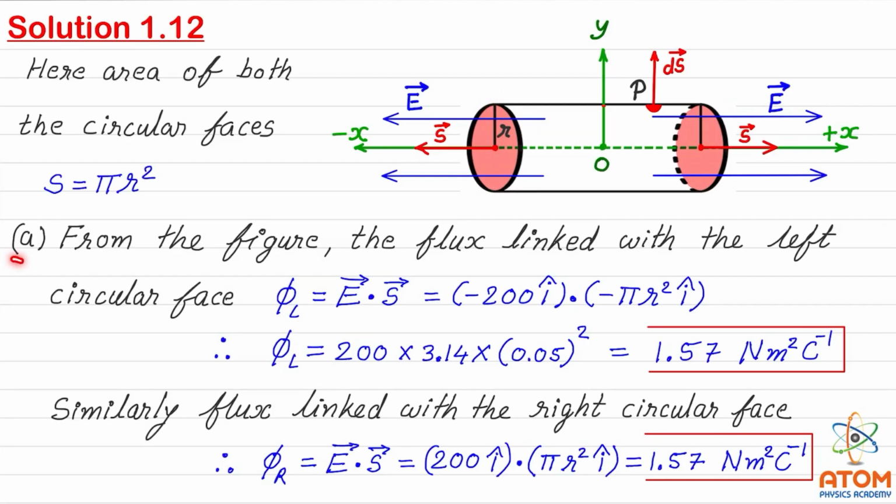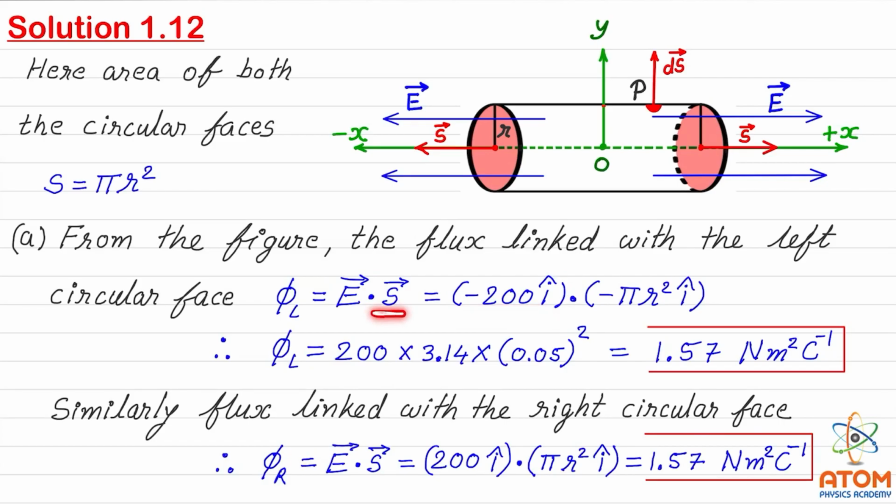Let us solve A. From the figure, the flux linked with the left circular face is phi L equals E dot S. We know that the flux equation is E dot S. But here for the left face, the electric field is already given, that is minus 200 i cap.